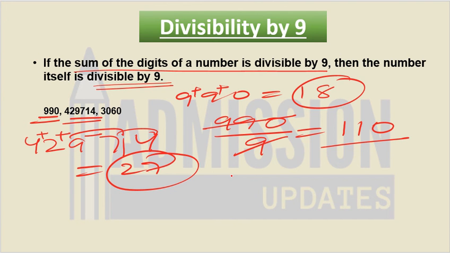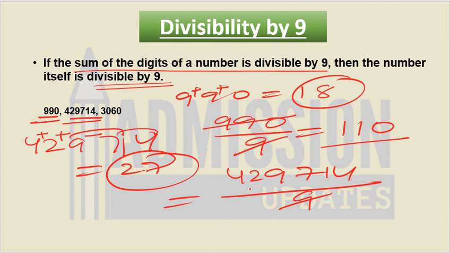Now let us check whether this number is divisible by 9 or not. 714 divided by 9. 9 4s are 36, then 36 and 42, this will be 69. 9 7s are 63, this will be 67. 9 7s are 63, this will be 41. 9 4s are 36, this will be 54. 9 6s are 54.